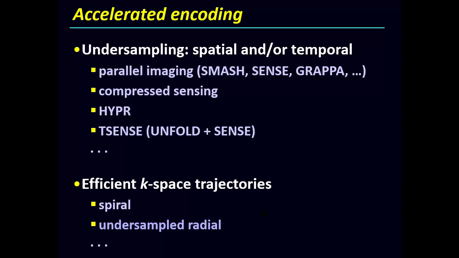Now, before we get to those, I wanted to make a general comment about accelerating and how that plays into hyperpolarized compounds. If we undersample either in the spatial or spectral domain using a variety of techniques, or if we use more efficient K-space trajectories, the one thing that we're going to do is do fewer excitations.